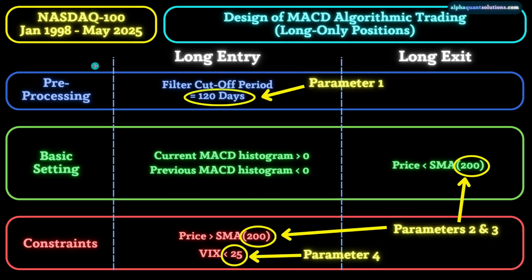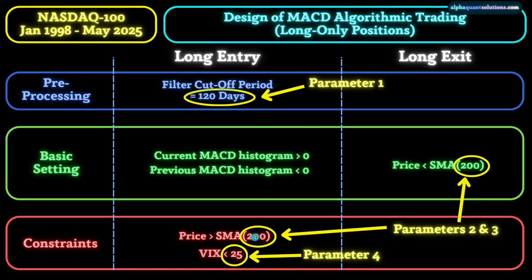We give here the parameter values that were selected for our MACD algorithmic trading strategy applied to the Nasdaq-100 over a period spanning 27.5 years, starting from January 98 until May 25. So we have 4 parameters, and only the first one was optimized, and we have settled eventually for a 120 days cutoff period for the filter.